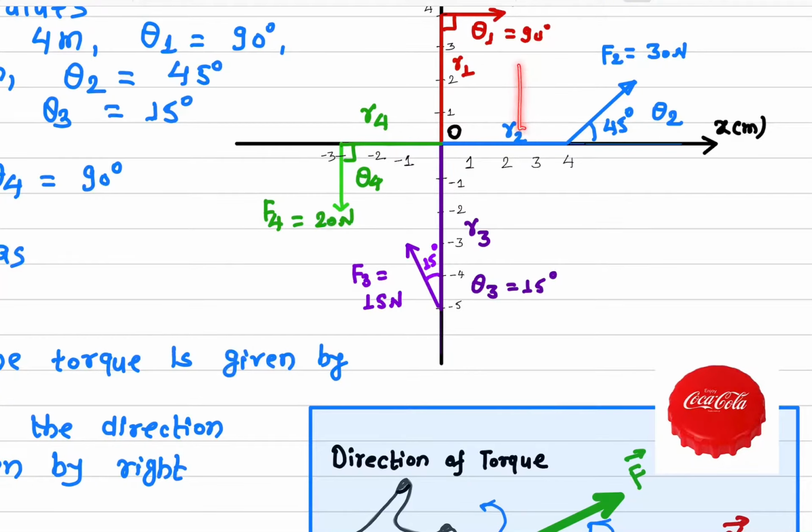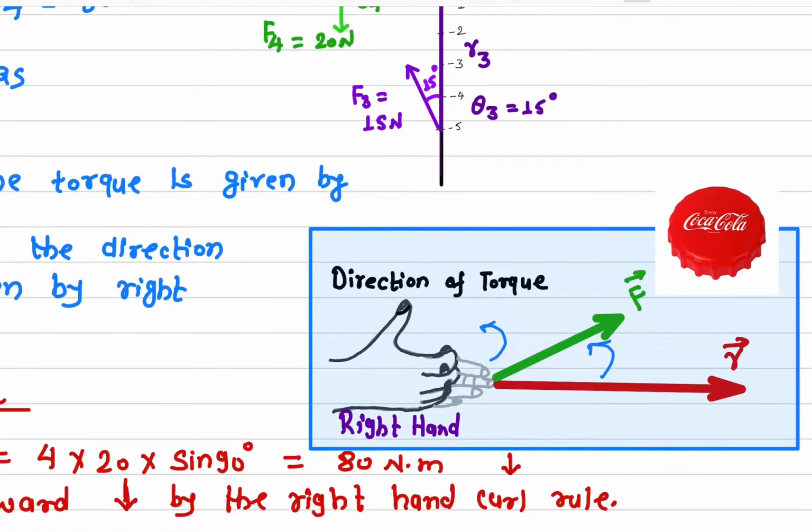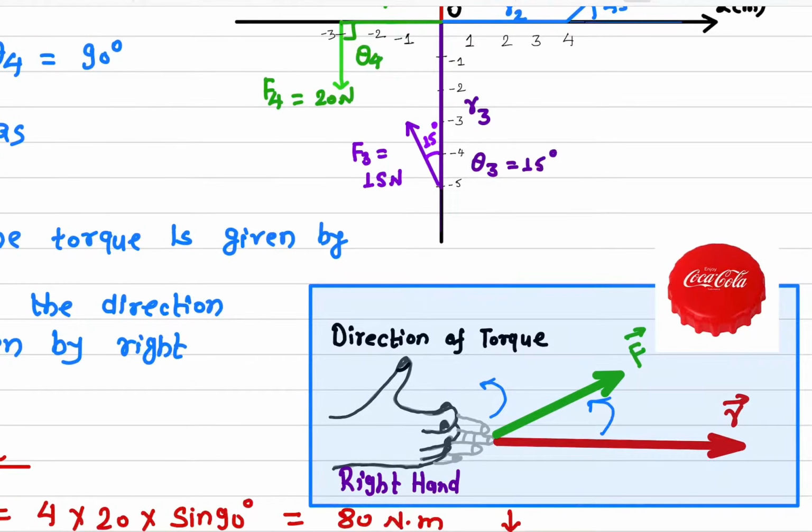So this is another way of finding the direction of the torque. The best way of calculating this is that your palm should point in the direction of the position vector, and then you should curl in the direction of the force.